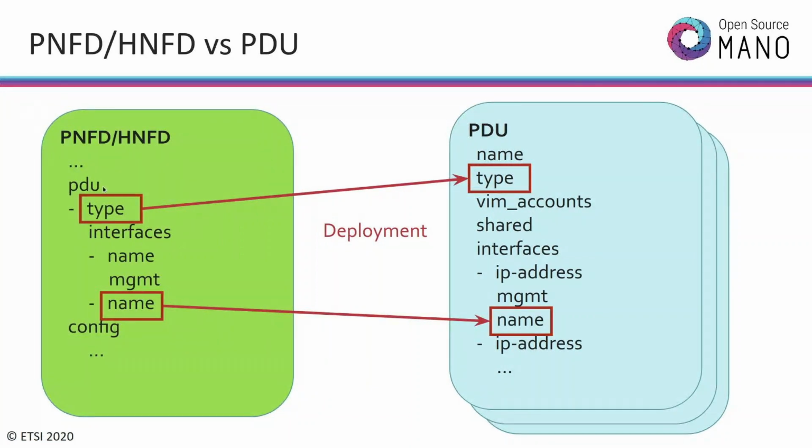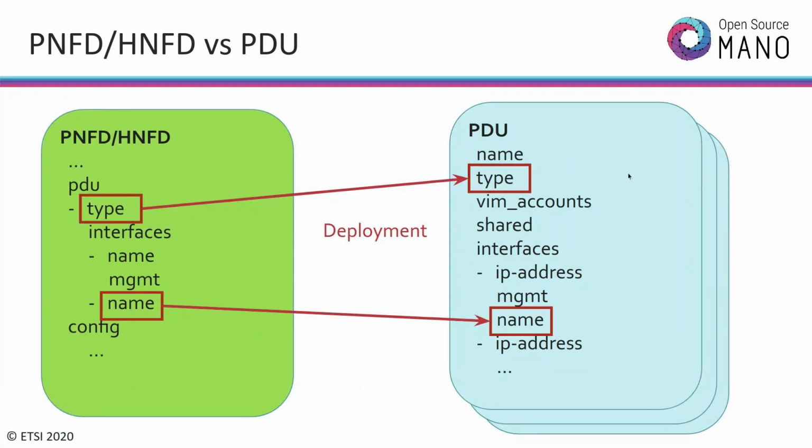So in the PNFD, I just define what type I want, what PDU type. So whenever I instantiate a PNF, it looks at the type and says, okay, I need a router. I don't mind about the IP address. I don't mind about the implementation. I just want a router.